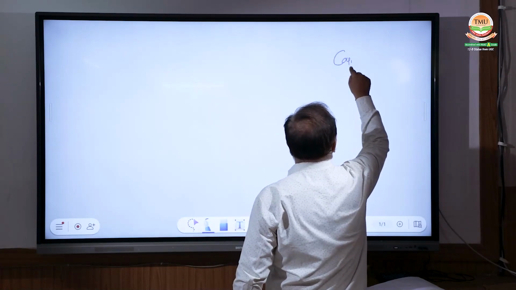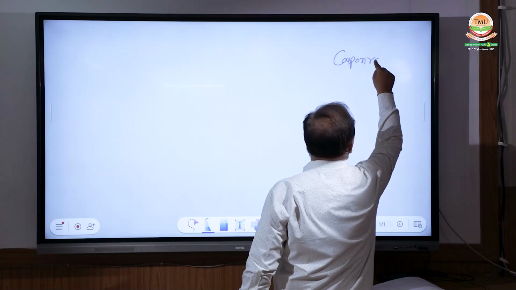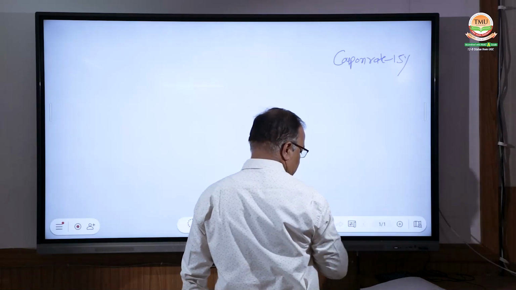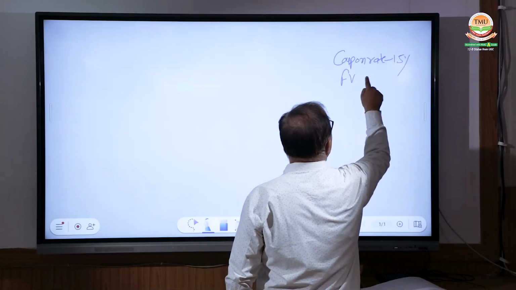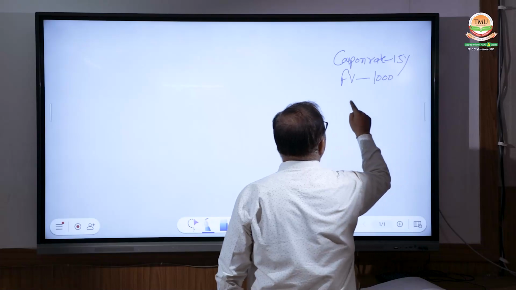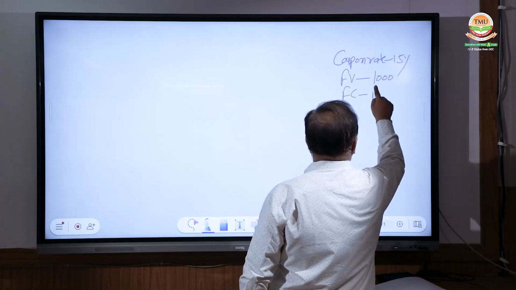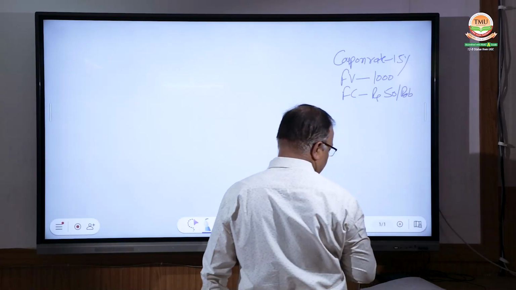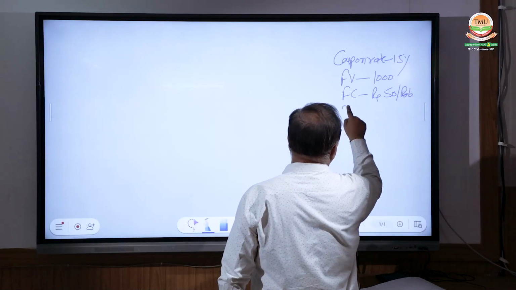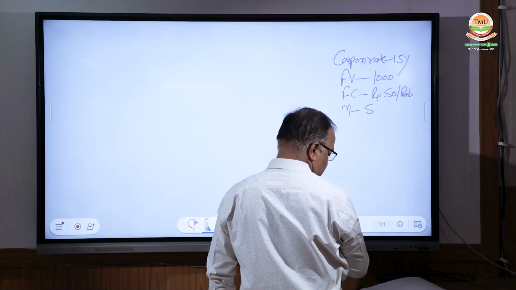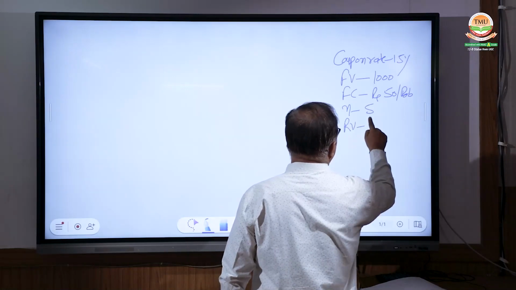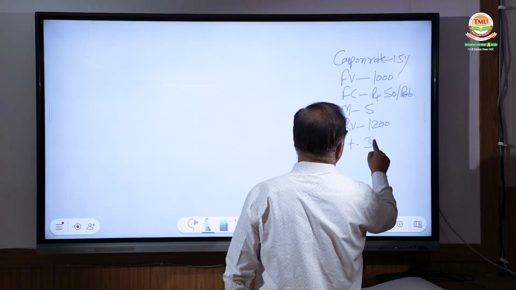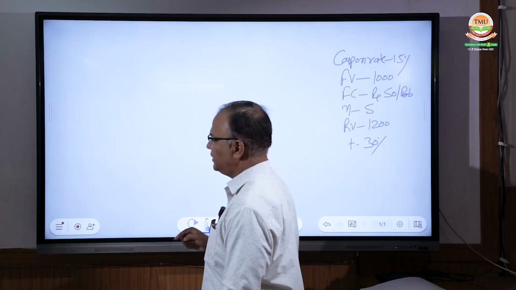Coupon rate 15%, face value 1000, flotation cost rupees 50 per debenture, number of years 5, redemption value 1200, and tax rate is 30%.